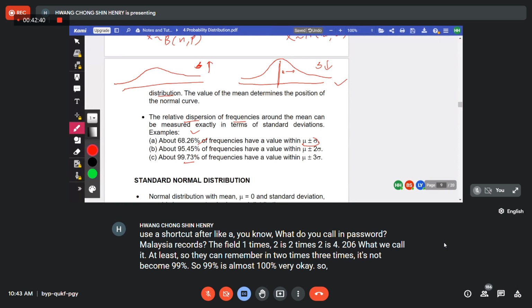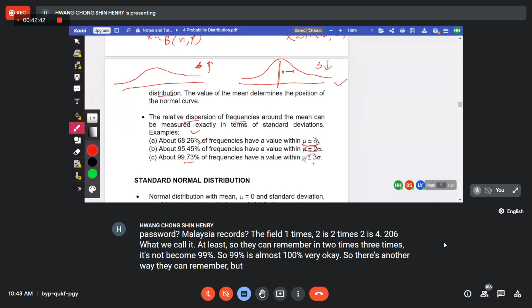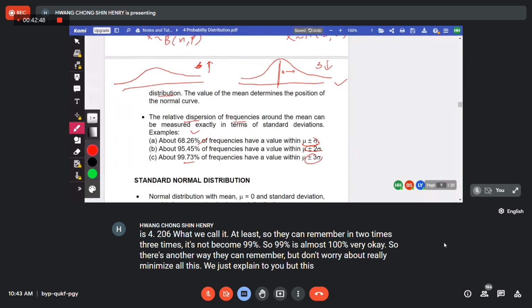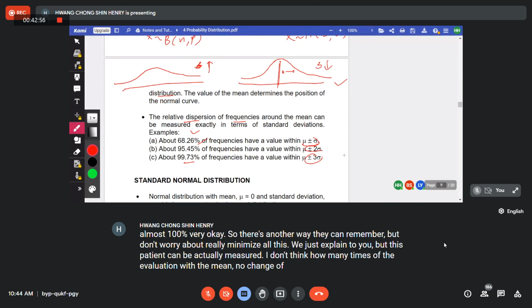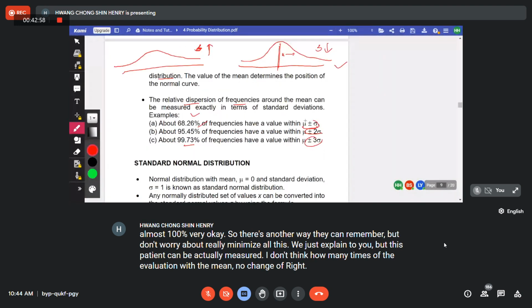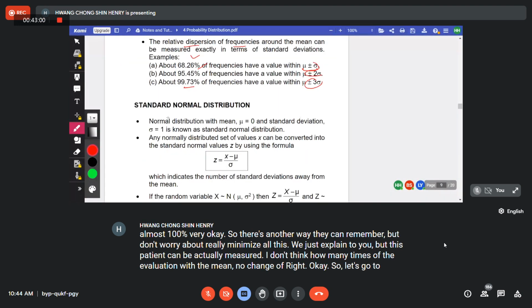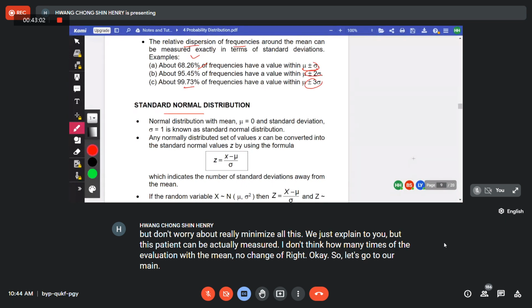But don't worry, we don't really memorize all this. The dispersion can be measured by looking at how many times the standard deviation from the mean. Okay, let's go to our main content now.